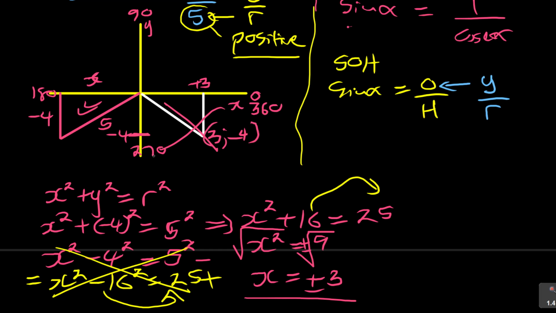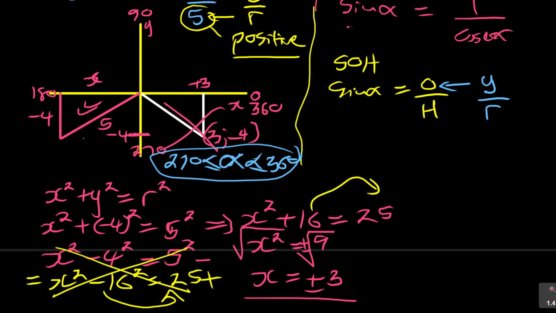But they told us it's not between 270, because if I write this quadrant here, it will be 270 is less than or equal to alpha is less than or equal to 360. They never gave us this side. They told us it's here, which means we are forced to take only the negative. Therefore x is equal to minus 3.